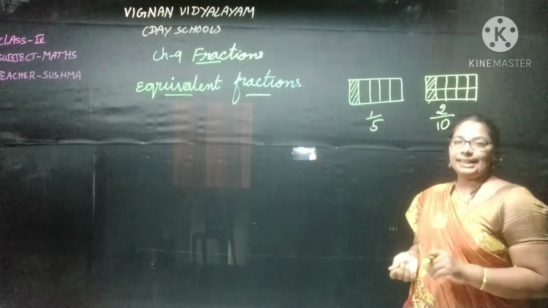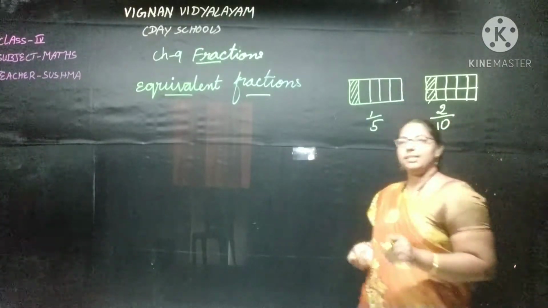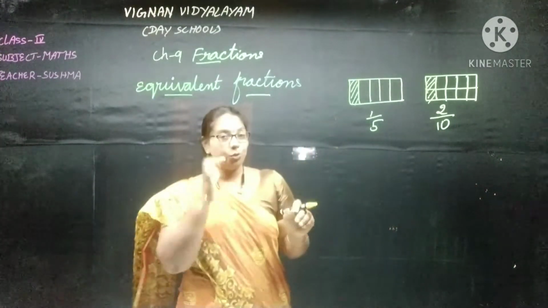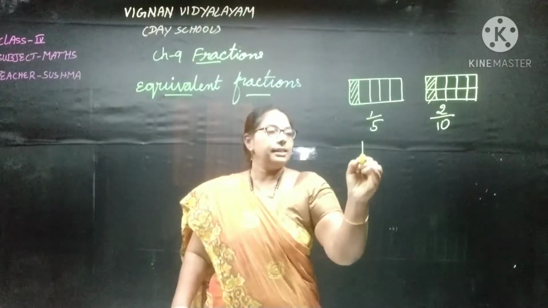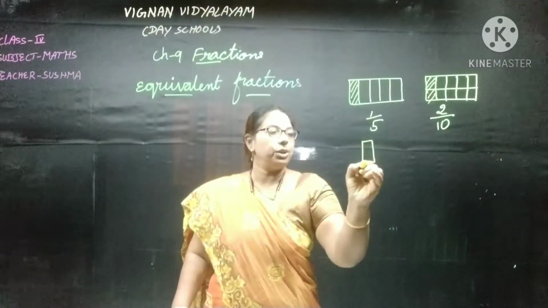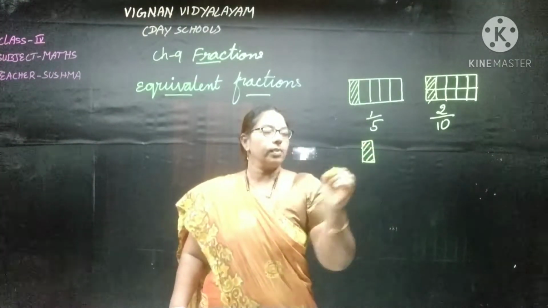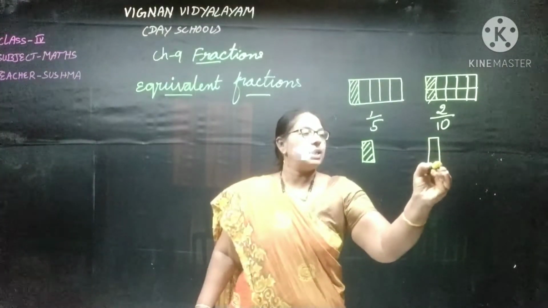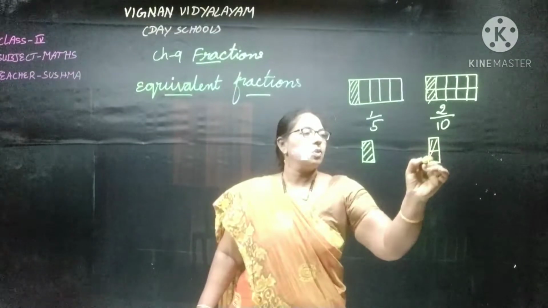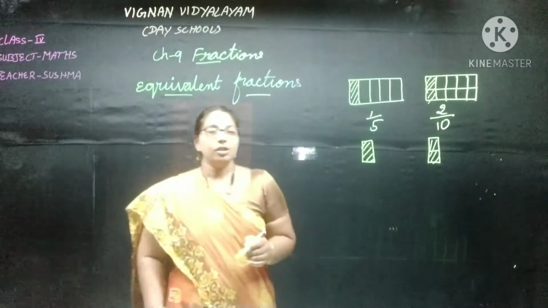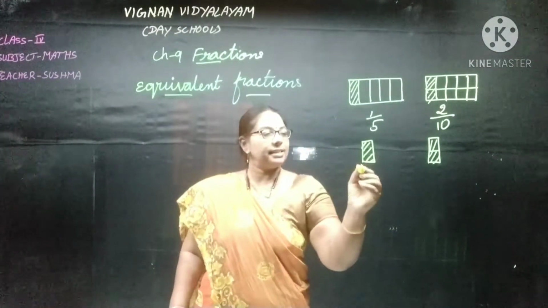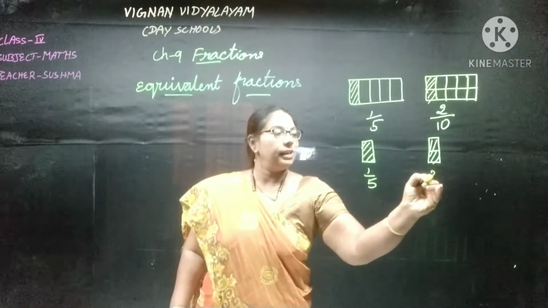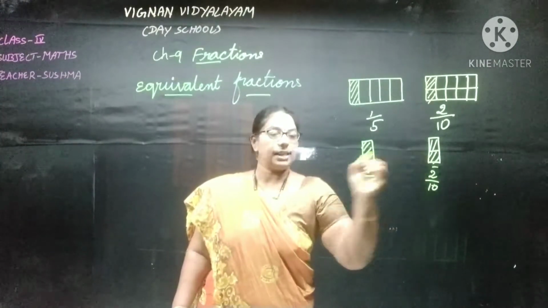So see here, children, let us take the part which you ate and the part which your brother ate. This is the part which you ate, 1/5. And this is the part which your brother ate, 2/10 part. Right? If you observe, this part and this part are of the same size.